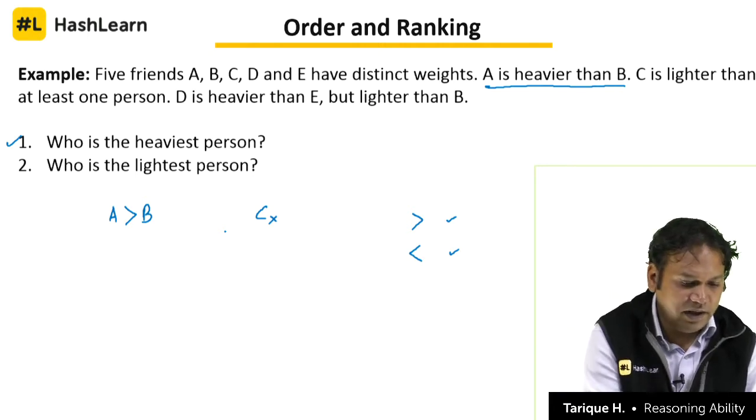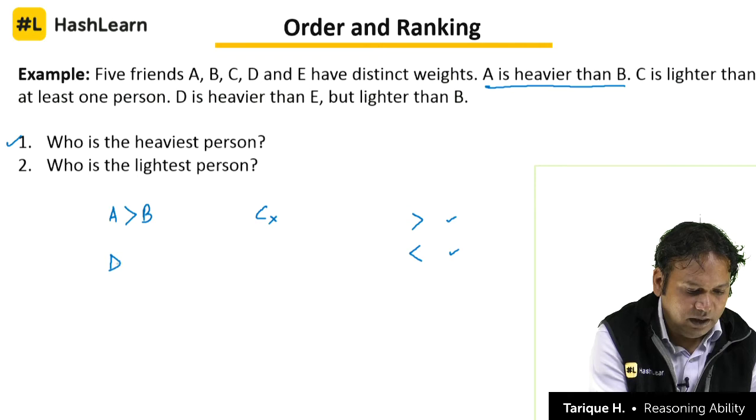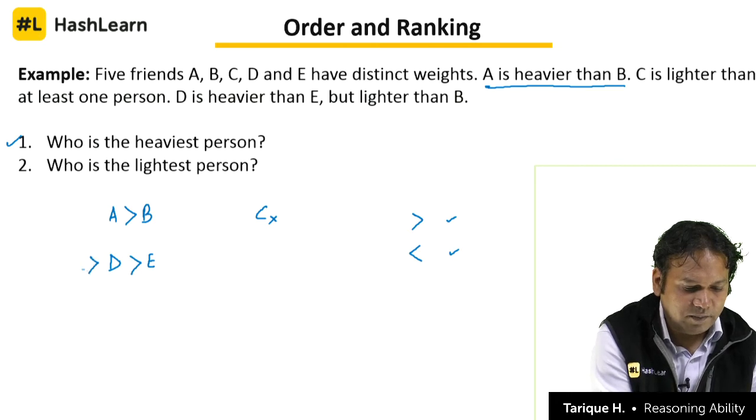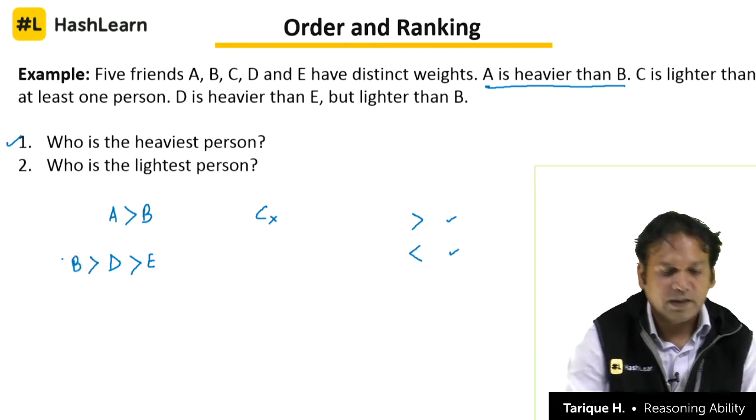C is lighter than at least one person. D is heavier than E, but lighter than B. Okay?